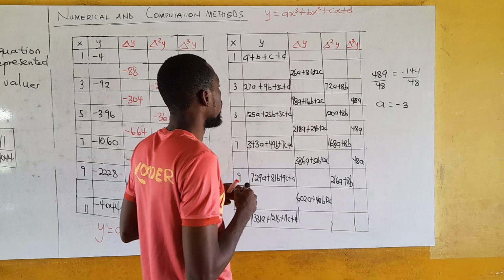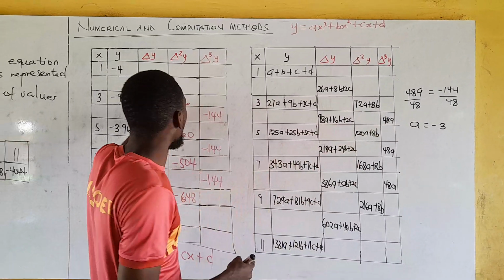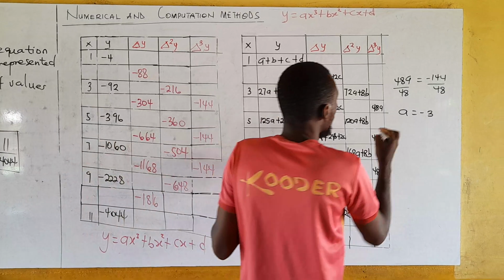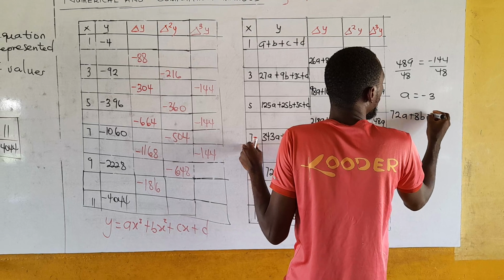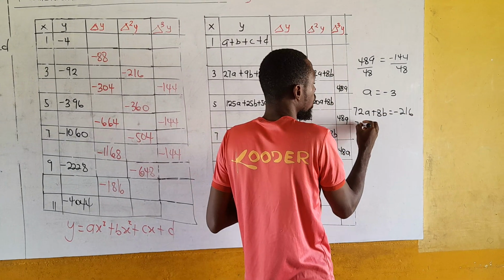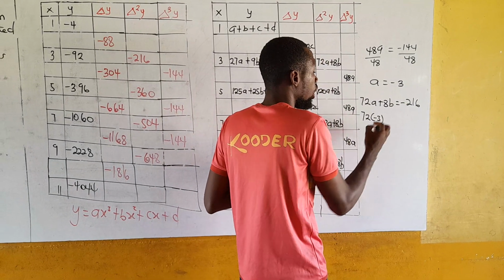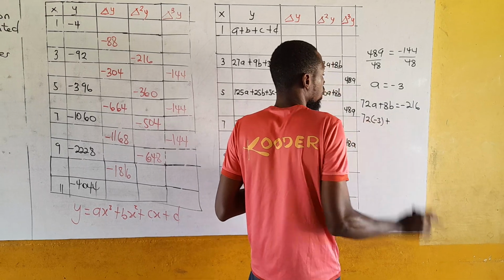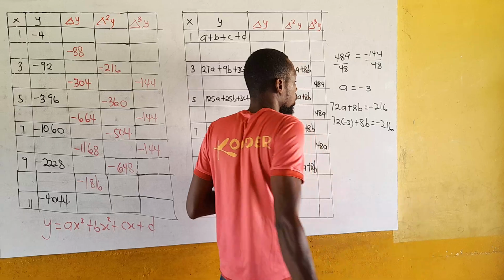Now we find B. So we know that 72A plus 8B will be equal to negative 216. We substitute. So we have 72, A is negative 3, plus 8B is equal to negative 216.